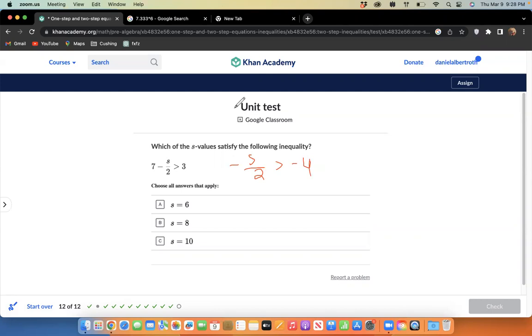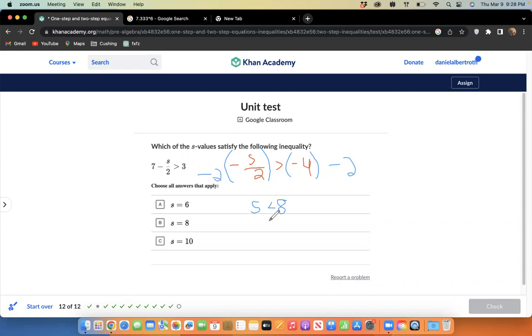I'm going to multiply both sides by -2. That's going to give me S on the left side. So I'm going to multiply left side and right side by -2. It cancels out the 2 in the denominator. I'm left with S by itself. The negative times the negative is positive. Because I multiplied by a negative, the sign flips. So S is less than, and then -4 times -2 is +8.